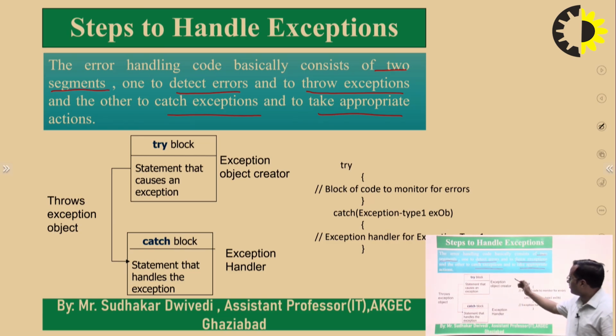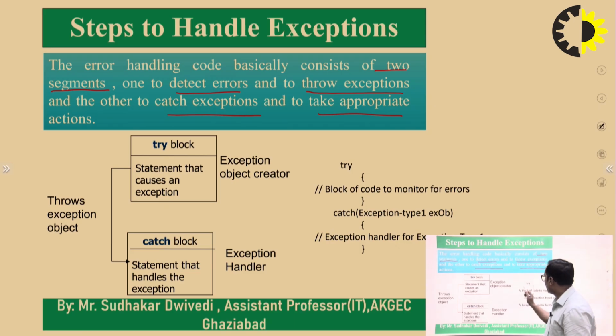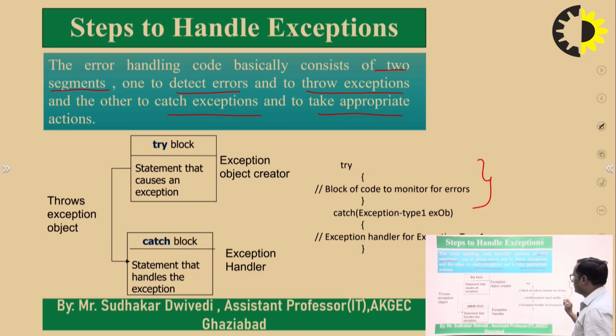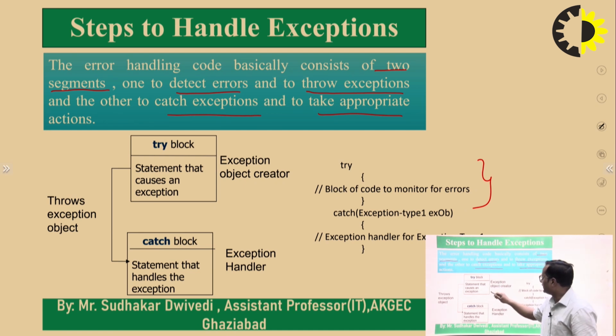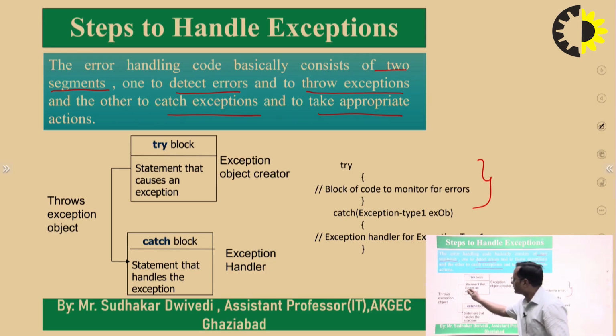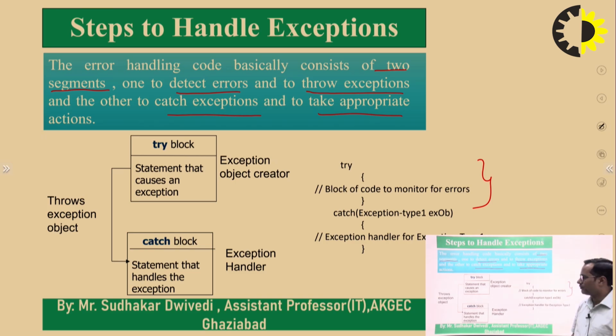The first segment is related to the try block. What will this try block do? This segment is the exception object creator. After creating the exception object, it throws the exception object.